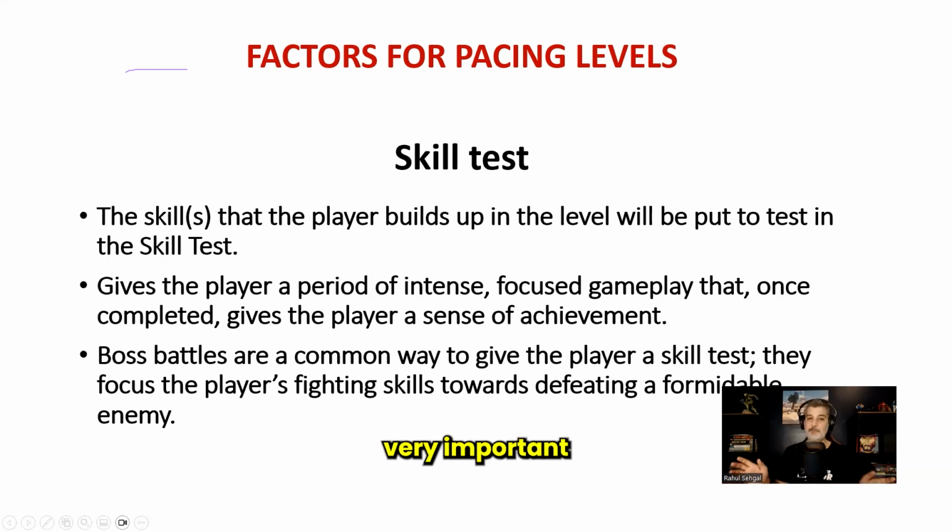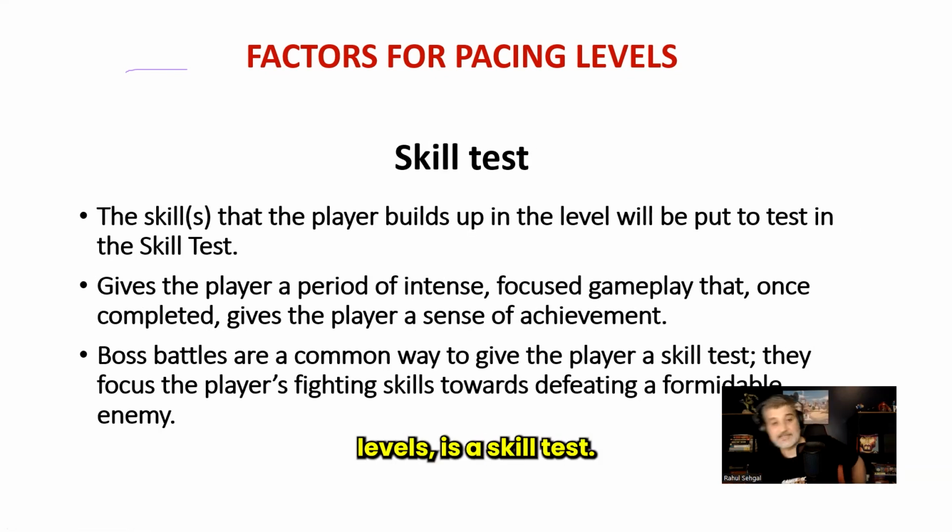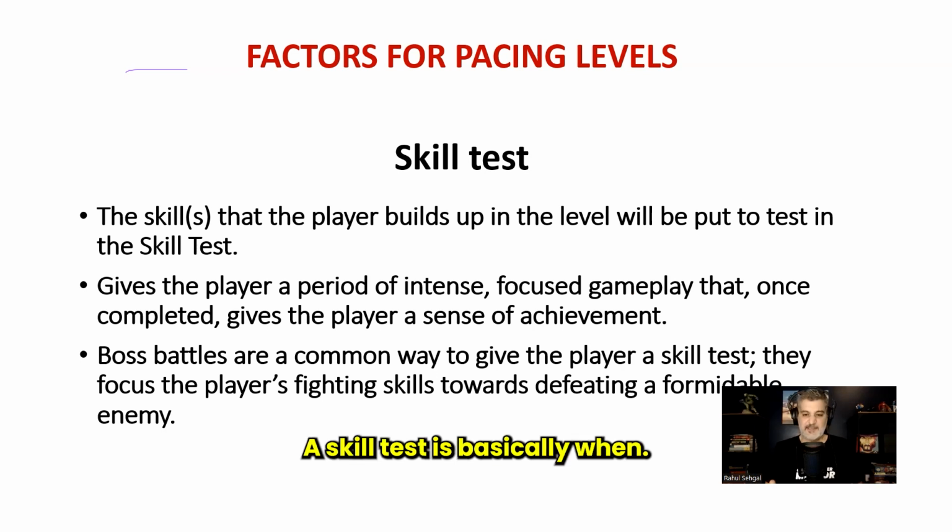Next up, very important when it comes to pacing levels, is a skill test. A skill test is basically for the skills that the player builds up in the level. For example, you introduce some new skills in one particular level, and those skills are double jump and shoot, or grappling hook, or sniper rifle. You give the player a sniper rifle in that level, and you're like, okay, you're a sniper now. And then at the end of that level, before the player goes to the next level, you have to test the skills.